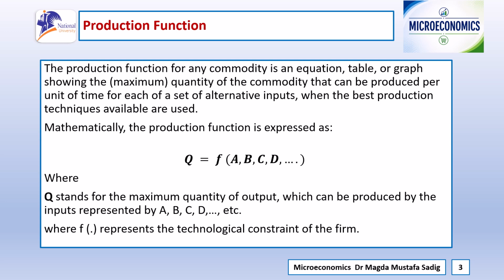The symbol F, or the function, means that output depends on these inputs. This equation reminds us that firms cannot increase production without changing the quantity or quality of their productive resources.